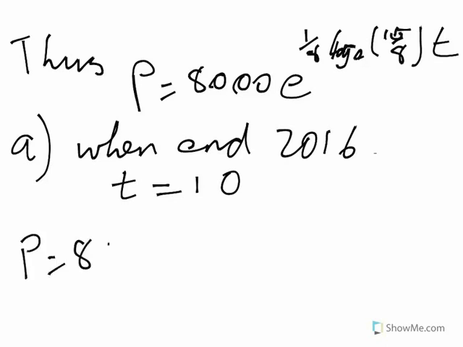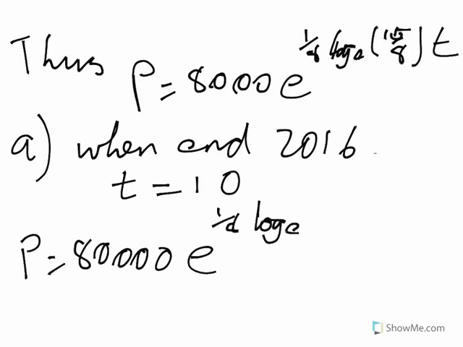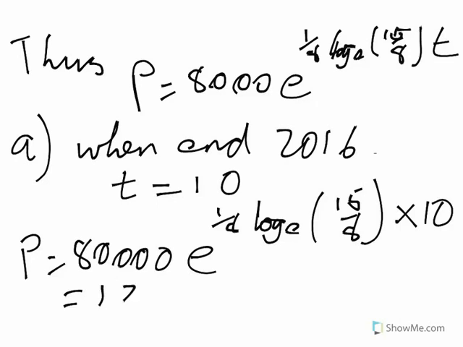P equals 8,000 e to the 1/8 ln of 15 on 8 times 10. Then you put that in your calculator and you get 17552.6. Can't have 0.6 of a person.